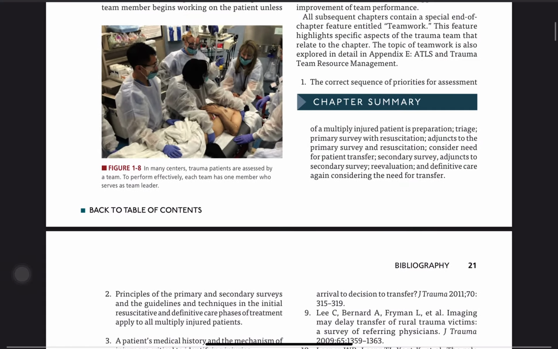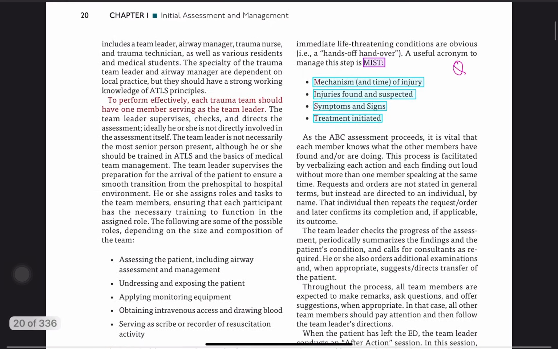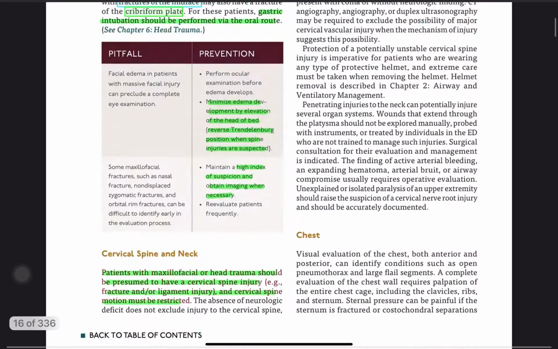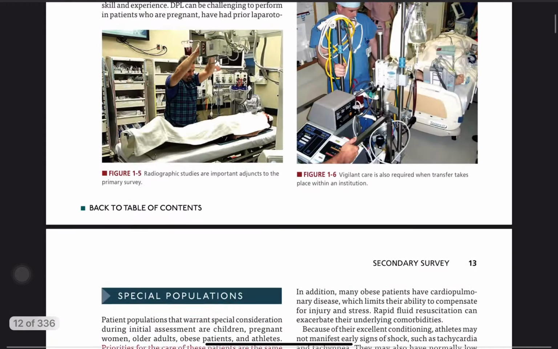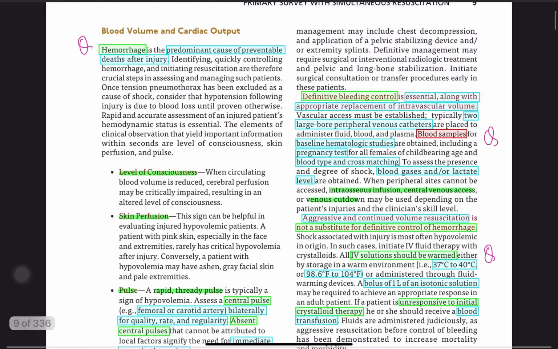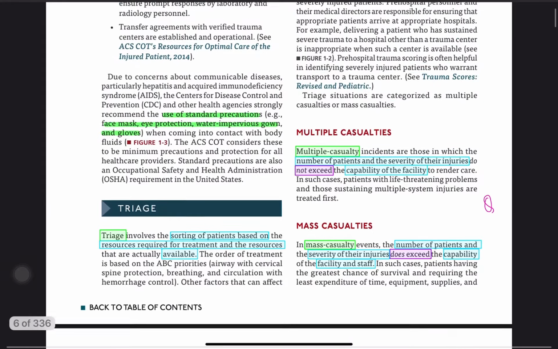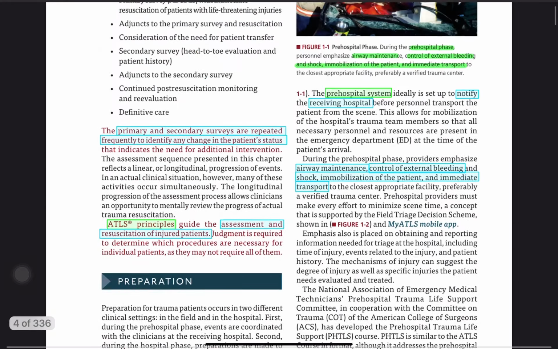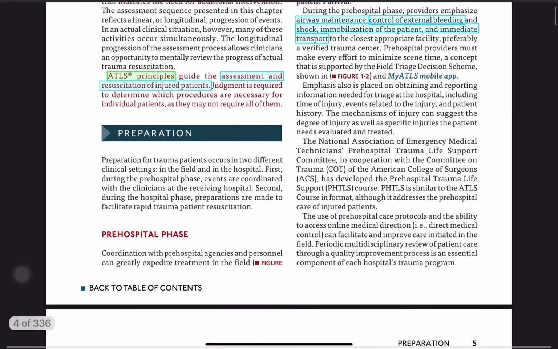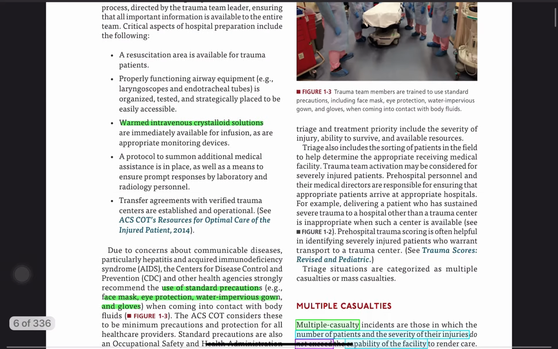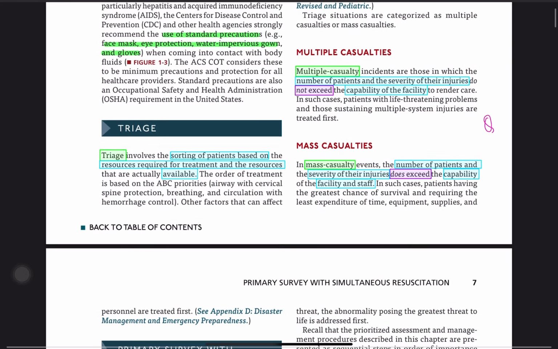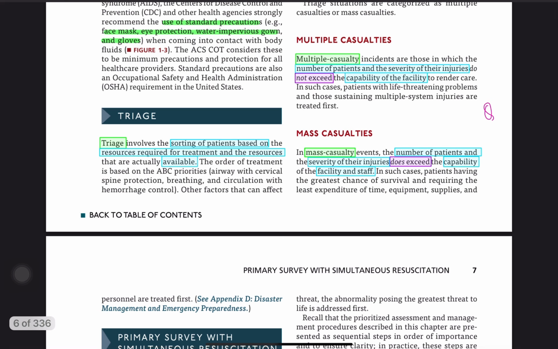So we'll quickly revise the important points. Multiple casualty and mass casualty: in multiple casualty, the number of patients and severity do not exceed the capability of the facility.